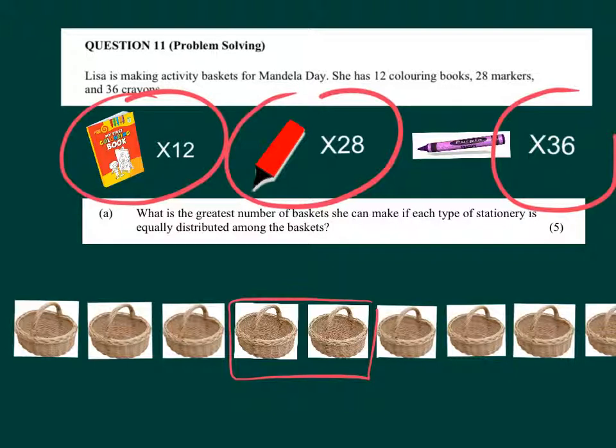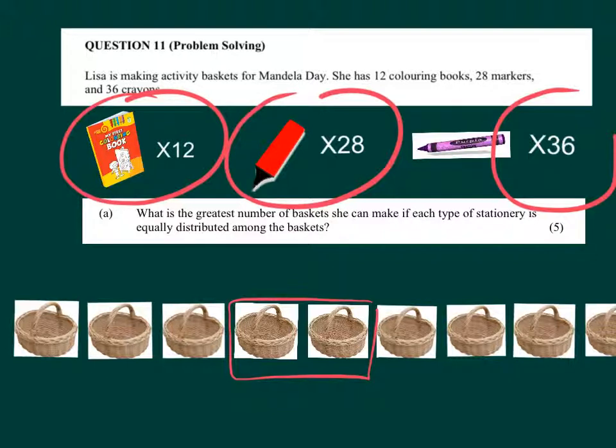This is all very well, but the question does stipulate what is the greatest number of baskets that she can have. So this means that we are going to work out the highest common factor. 2 is a common factor for 12, 28, and 36, but we would like the highest common factor.